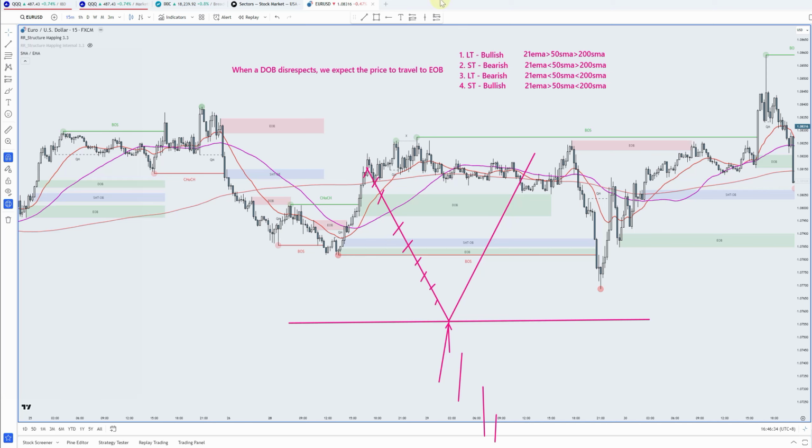Every level, EOB, DOB, SMT, whatever is on the chart, even the moving averages, never expect that the level should hold. Your one and only job is, if the buyers are coming into that level, wait for those buyers to diminish before you sell.